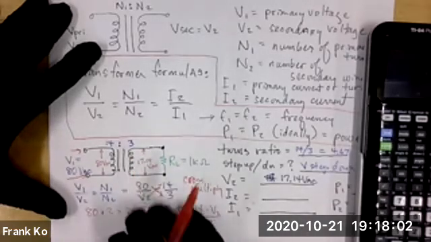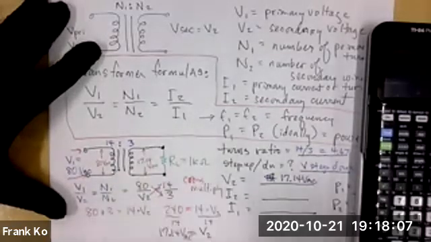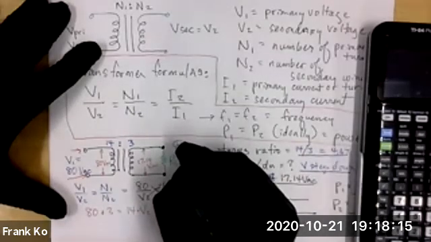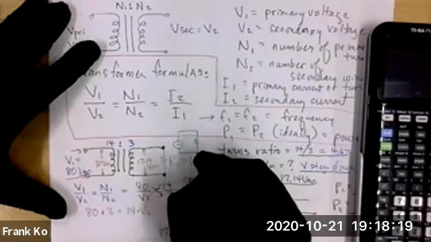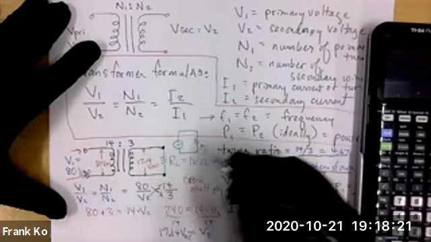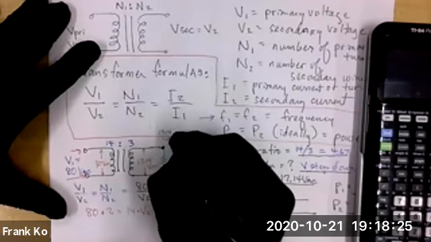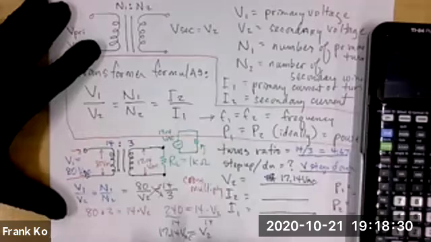At this moment, on the secondary, isn't the secondary behaving as if it were a little AC source attached to a 1K ohm load? And this is 17.14 VAC. That's how the secondary is behaving, like I've drawn in green.